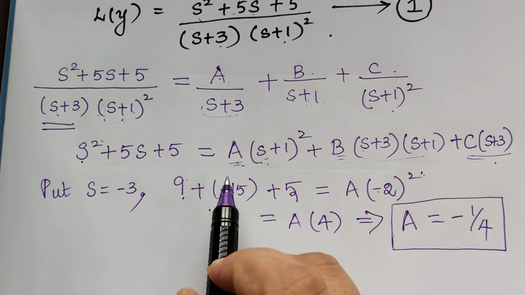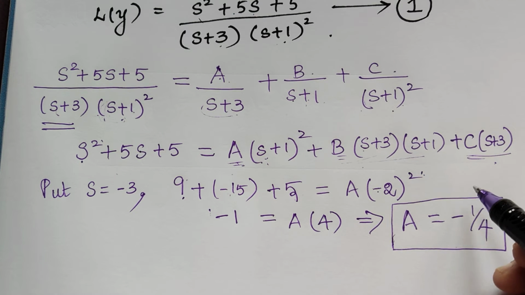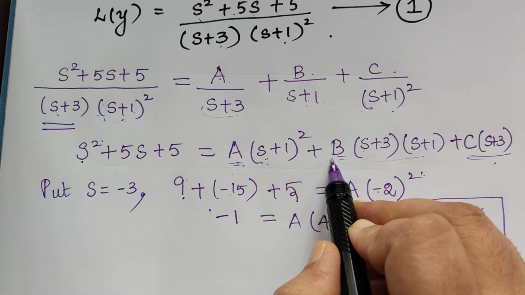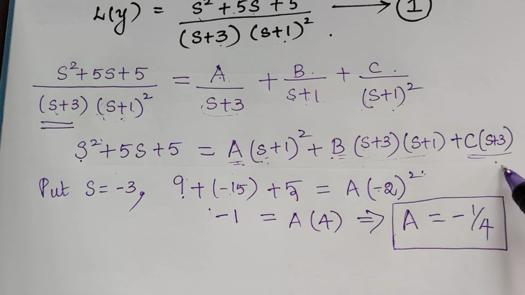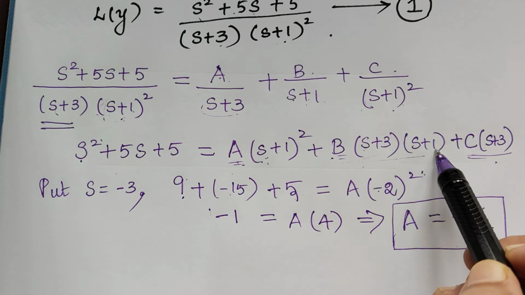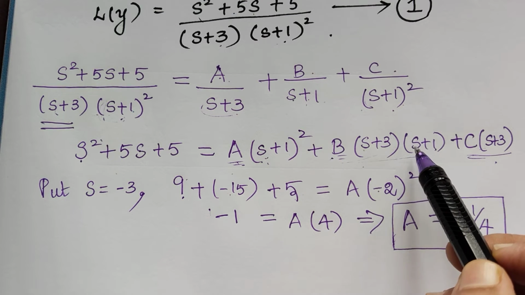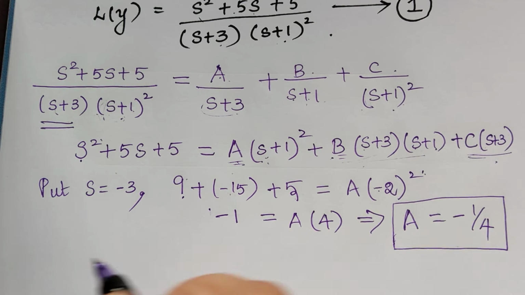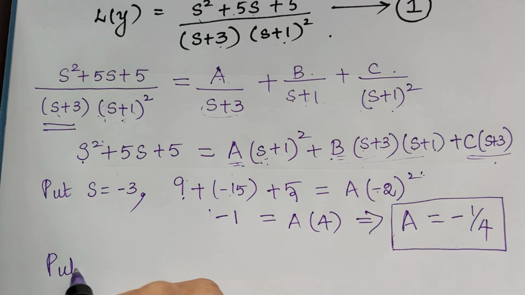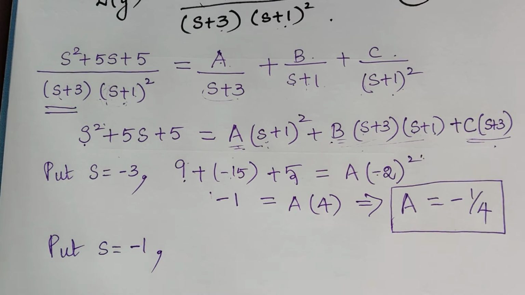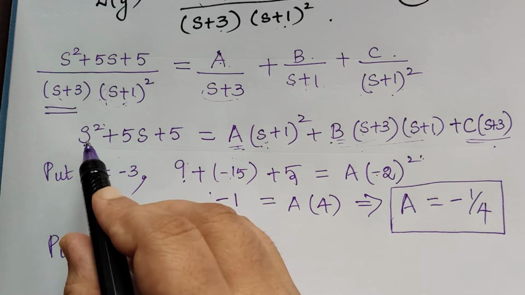Next we have to find the other values. In order to find the value of b, first it will be easy to find c, because these two terms have s plus 1, s plus 1. So if you put s equal to minus 1, these two terms will vanish and easily we can find the value of c. So we put s equal to minus 1. What about the left hand side?